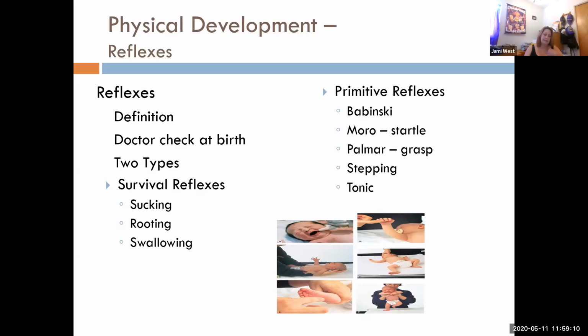Babinski, which lasts about the first year, is when you stroke the bottom of their feet. You see this at the bottom left. You stroke the bottom of their feet, and their toes separate like this. That is the Babinski reflex. The other is the Moro reflex, the middle square right here.